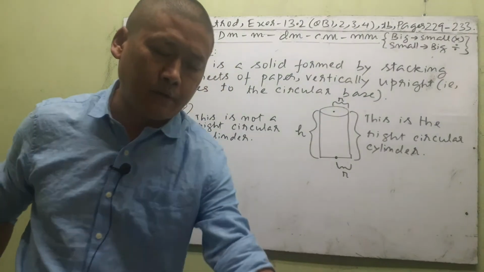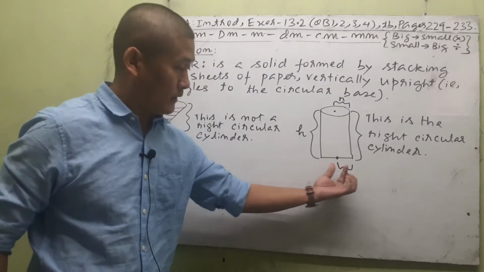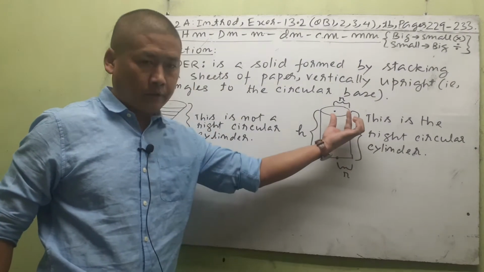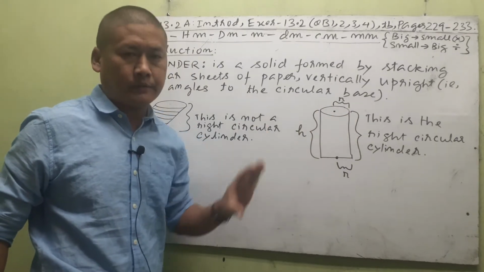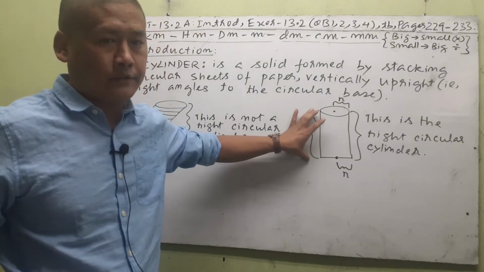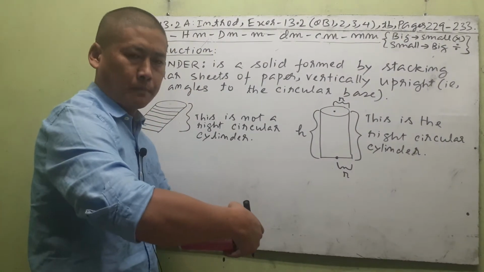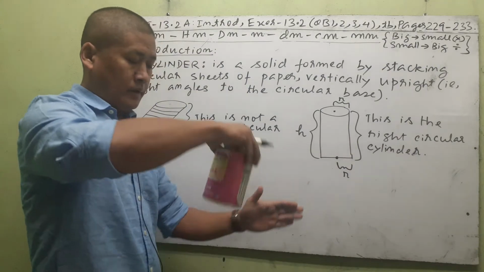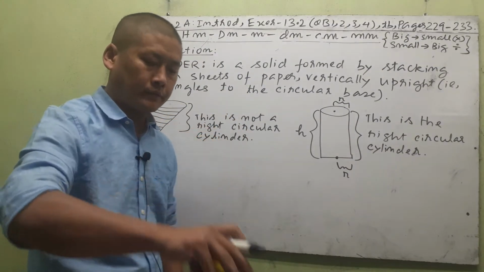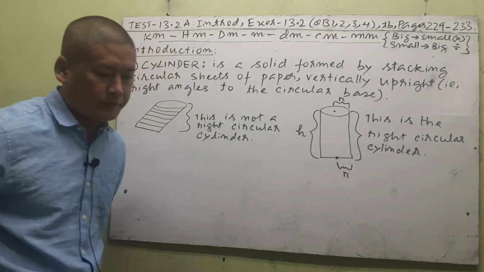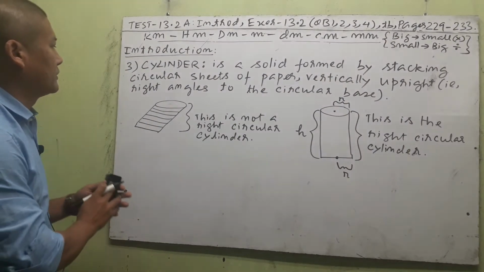So the two basic dimensions of a cylinder are the radius of the circular ends and the height, which is also called the length. When the cylinder is made to fall on the ground like a pipe, that's called length. When it's upright on the ground, it's called height. Okay, this is our basic definition.